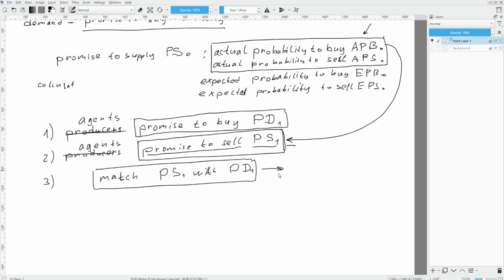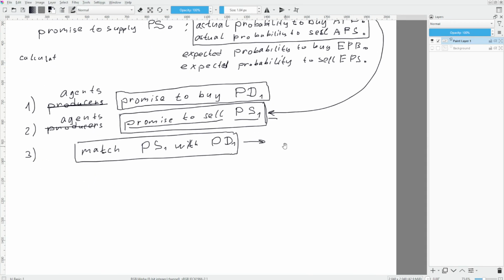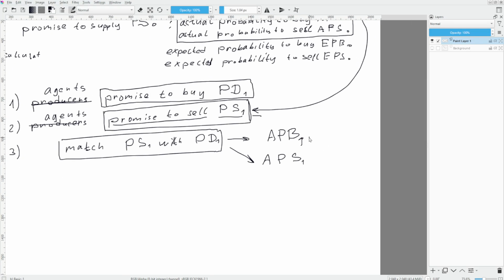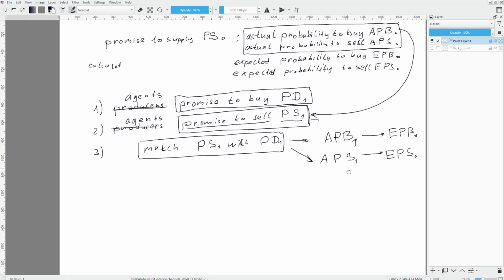We can calculate the probability to actually buy something, or the probability to actually sell something. It allows us to calculate APB0, APS1, APB1, APS1, and we update with these values the expected values, which are used in a different context, but it's very important not to forget about them.